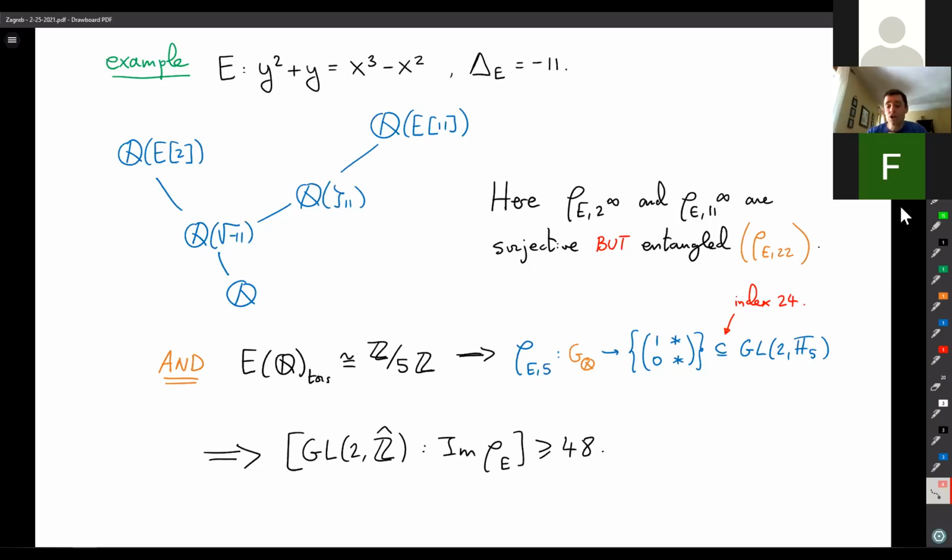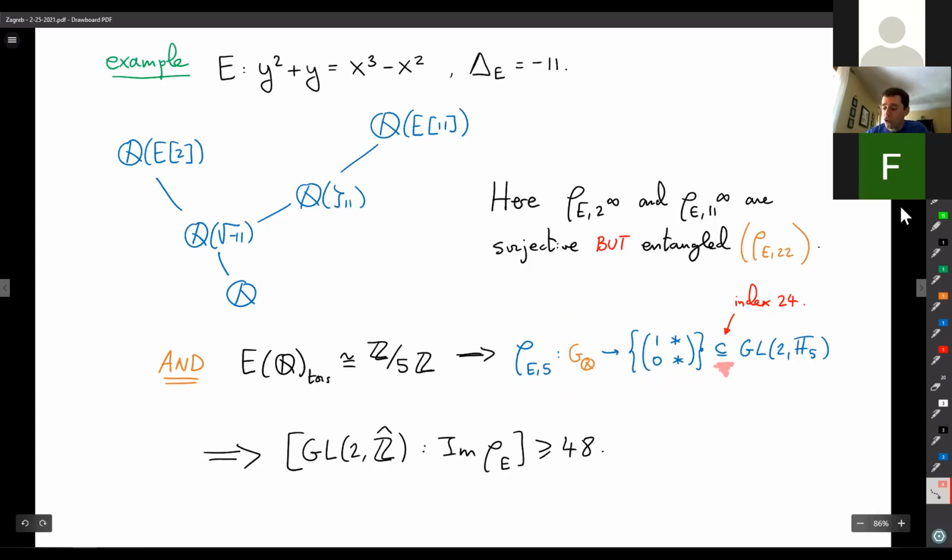But in addition, there is another problem for the adelic image to be large, and that is that there is a point of order 5. By Mazur's theorem and what that means about the mod 5 image, the image is contained in a subgroup of this form, and it is actually surjective onto this subgroup.